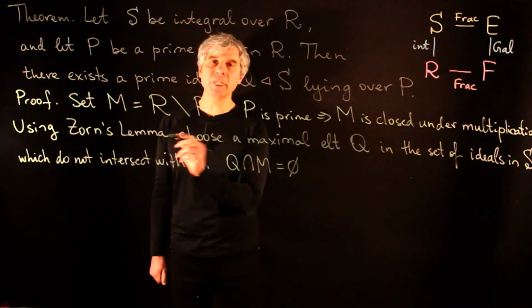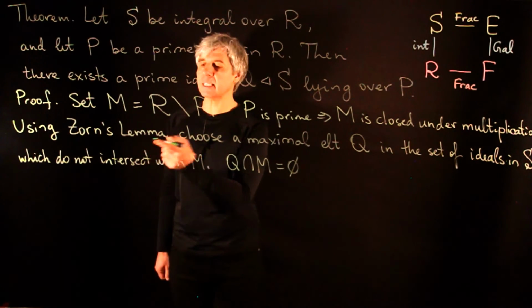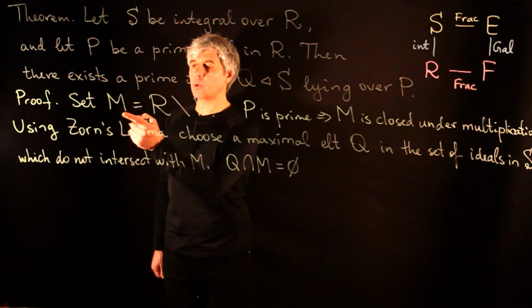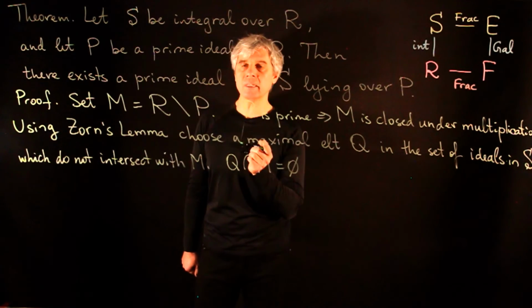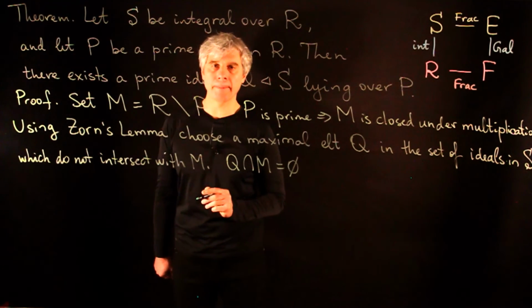Zorn's lemma is applicable here because if we have a nested family of ideals that do not intersect with M, then their union will be again an ideal that does not intersect with M.